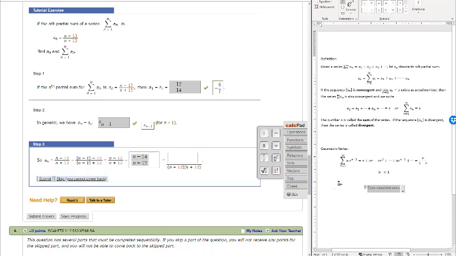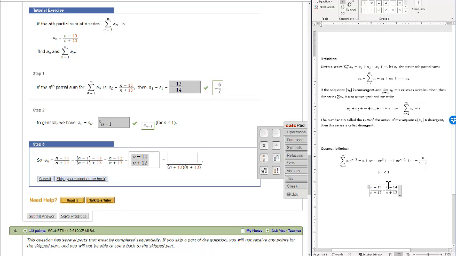Let's see. We have n minus 13. Let's put parentheses around here, divided by n plus 13, and then we're subtracting n minus 14 divided by n plus 12. And so the common denominator is n plus 12 and n plus 13.